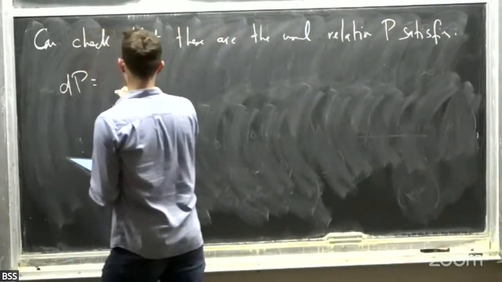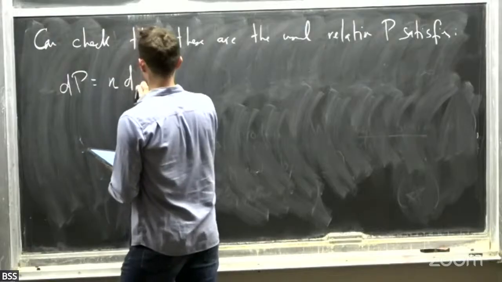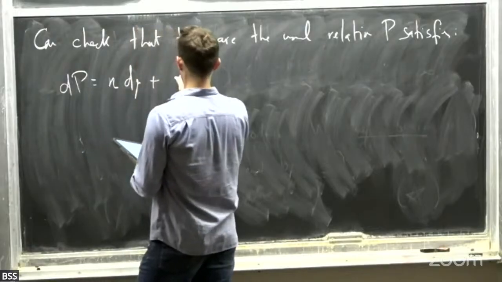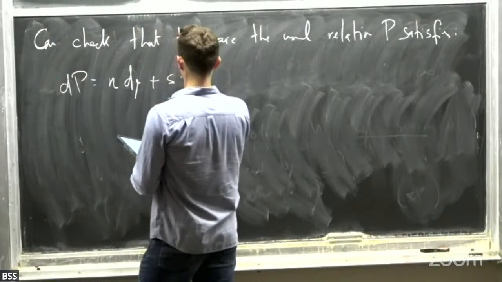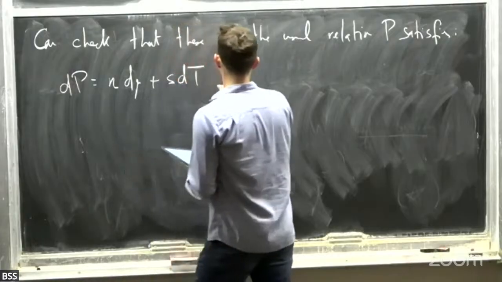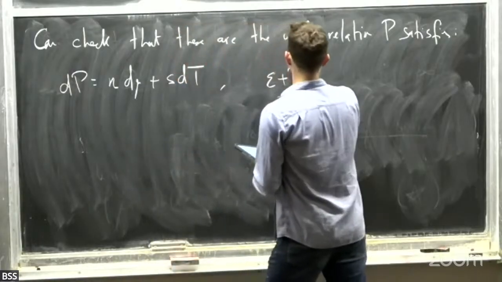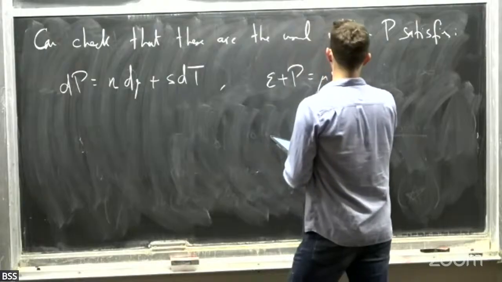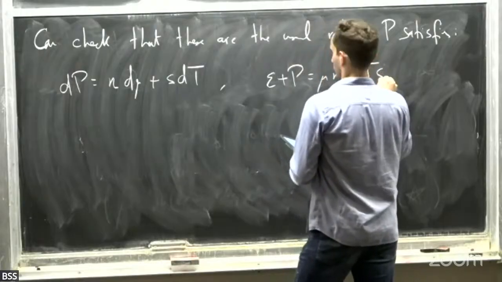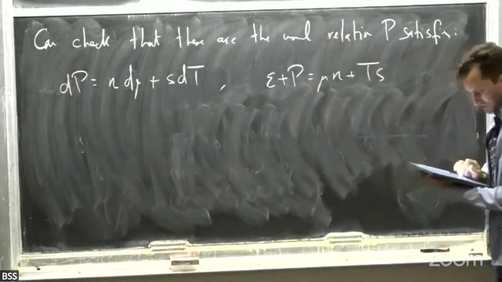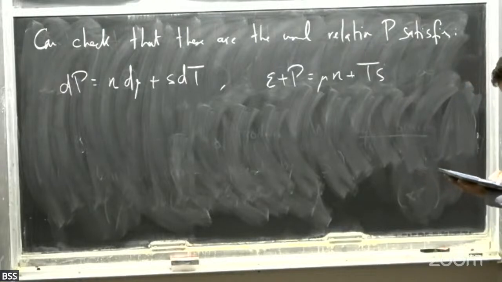The usual thermodynamic relations, which relate derivatives of pressure with respect to chemical potential or temperature to energy density and charge density. This is just a one-line calculation. I'll let you work it out. So this thermal effective action already encodes the entire equation of state of your system.